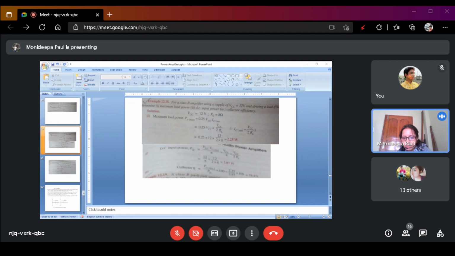This is for one transistor. So for two transistors, what is the power output?